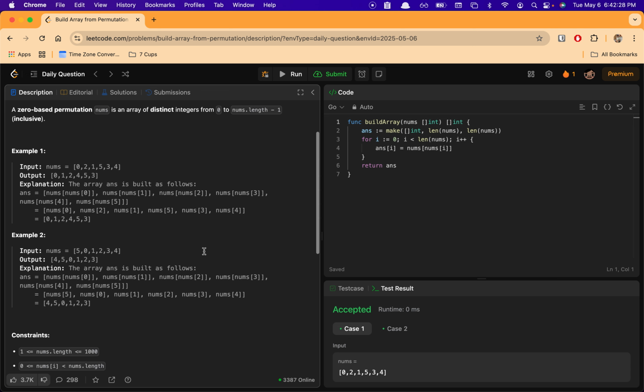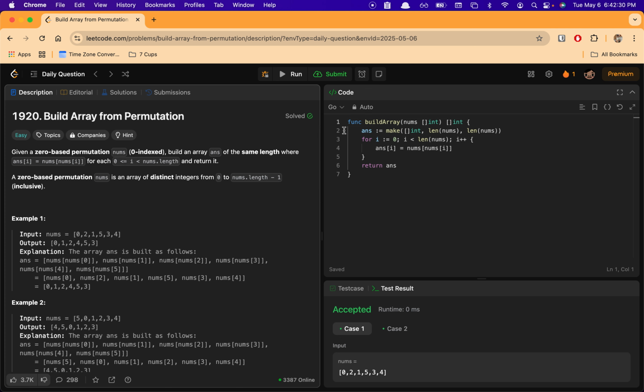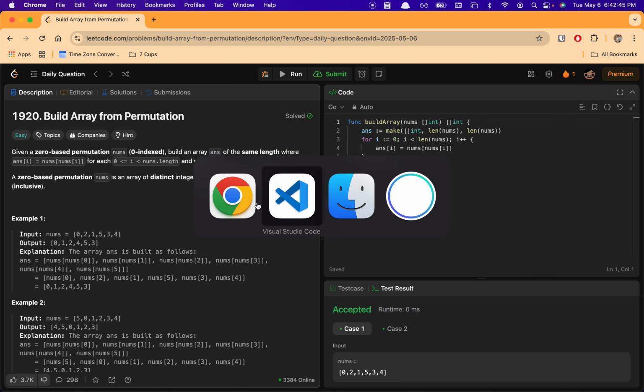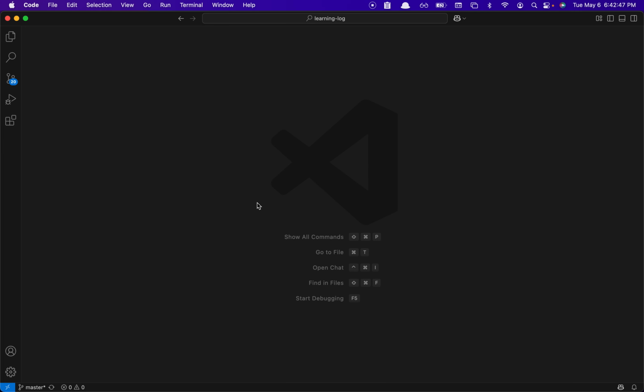But they want us to mutate it and change the input array itself. I'm wondering how this would happen, because if you keep mutating the input array and start putting the output in the input array itself, won't you lose the input data? That's where I started to think about how this whole thing works.